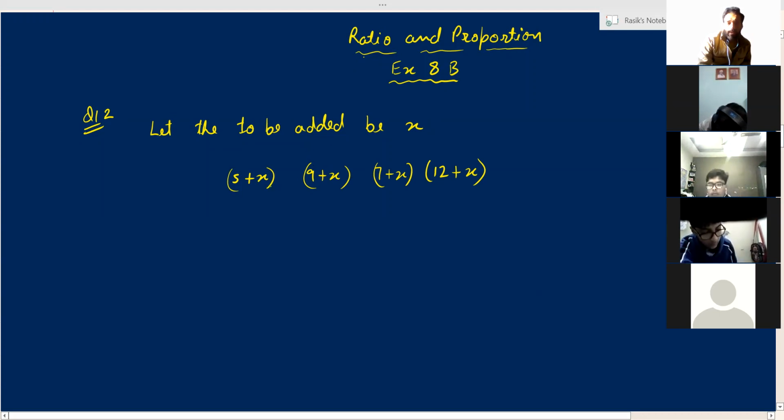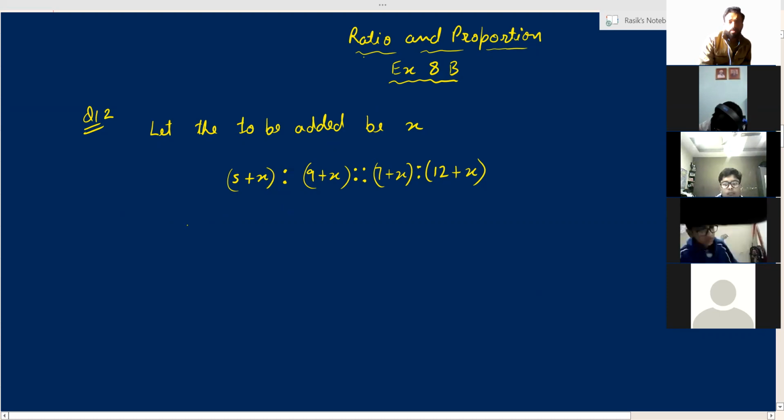After adding x in all four numbers, it is given in the question that these numbers will now be in proportion. That means the first number is to the second number as the third number is to the fourth number.